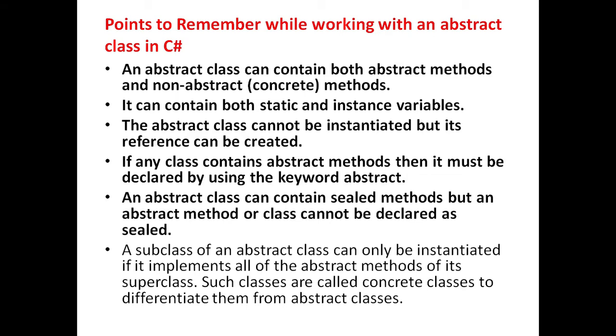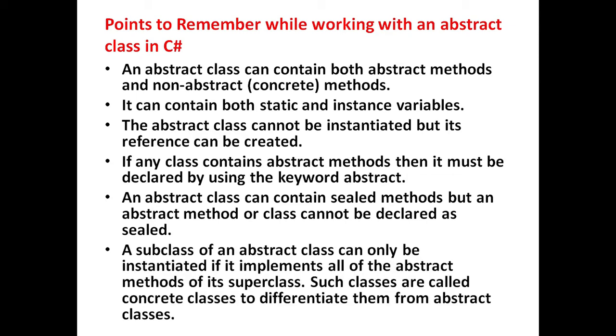An abstract class can contain sealed methods, but an abstract method or class cannot be declared as sealed. A subclass of an abstract class can only be instantiated if it implements all the abstract methods of its superclass. Such classes are called concrete classes to differentiate them from an abstract class.